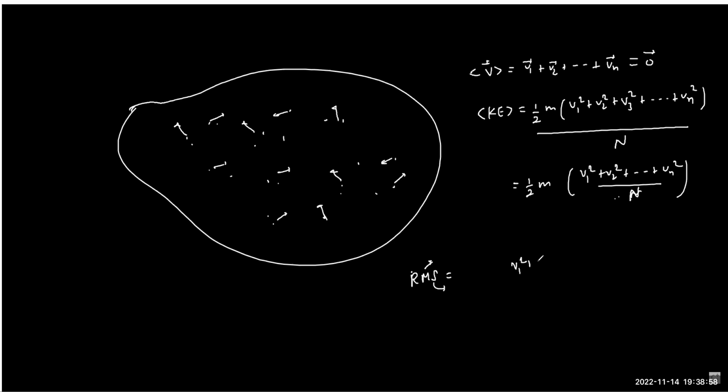So if you square all velocities, take the average and then take the root, this is called the RMS. Here, because velocity is the variable, we call it RMS velocity. So the word RMS is a mathematical definition, and whatever you put next to it is the entity you want to convert into RMS. Understood?